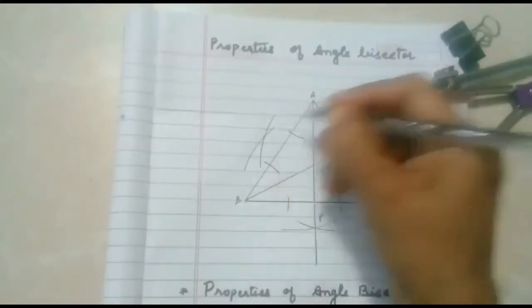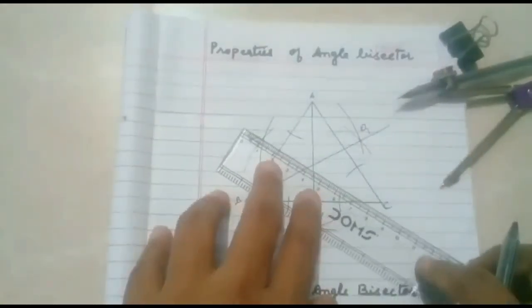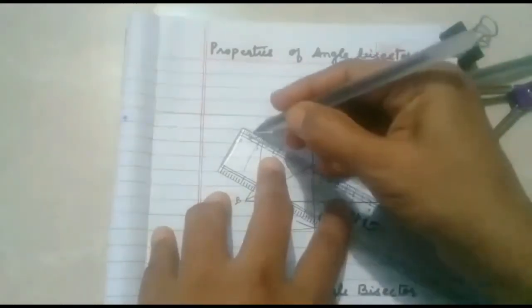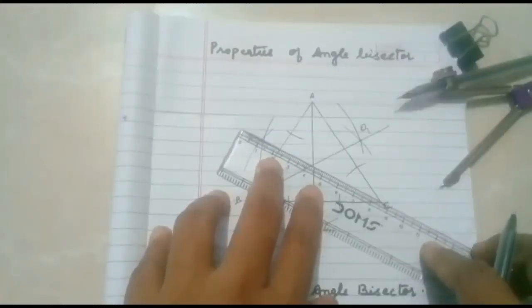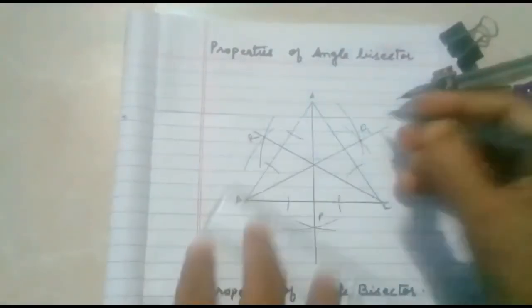Name the point as R and join the points.